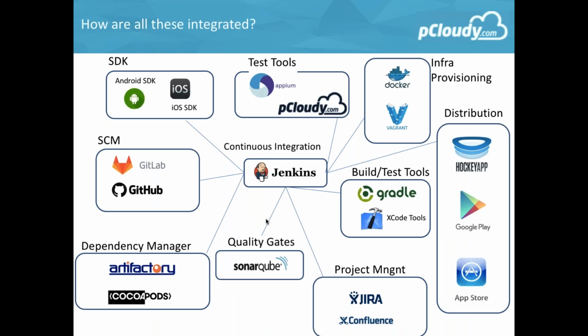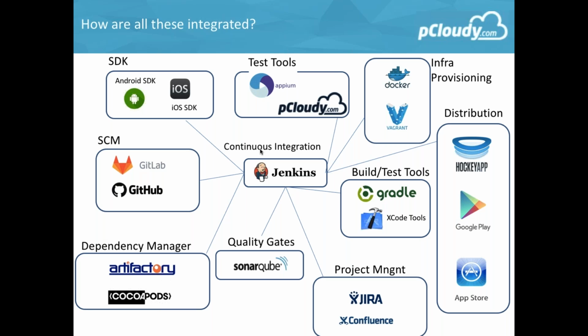Now, how it all fits in the cycle is depicted here in the slide. If you look at this slide, at the core of it is the CI server, and I have used a certain representative set of tools. These are not the only tools which can be used. Just a disclaimer, these are the tools which I have come across in working with various organizations, but there are so many other tools which can be used in the respective areas.